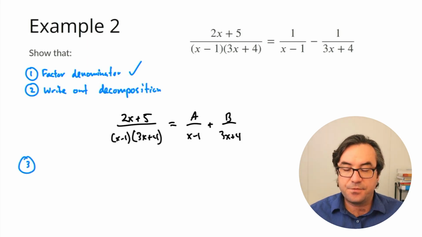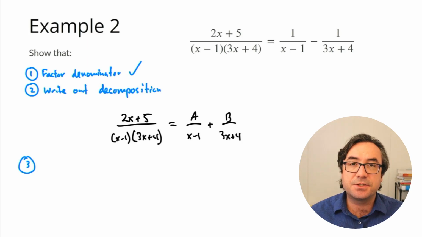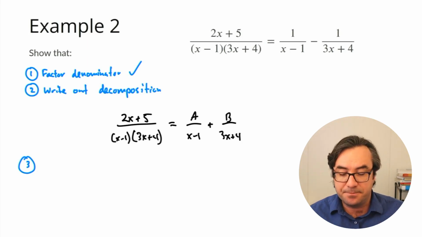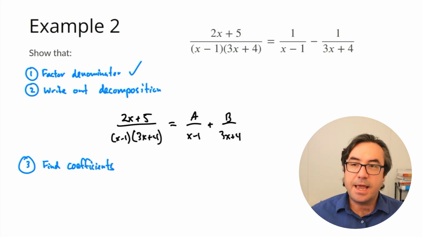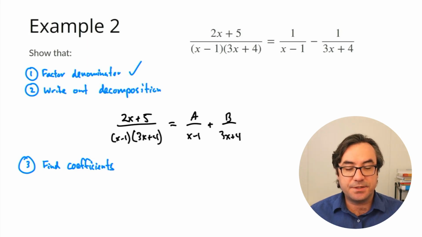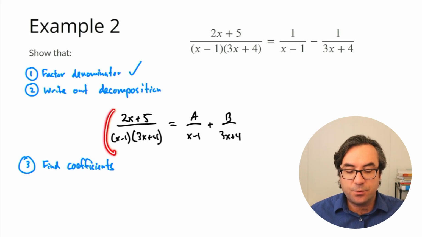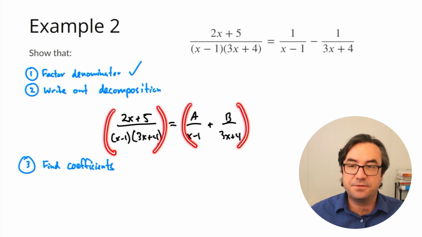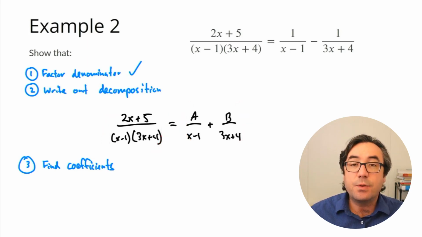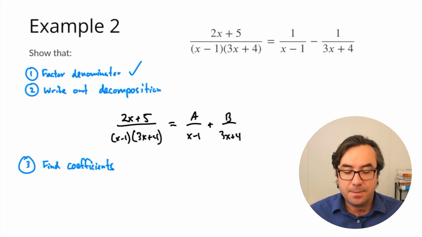All right, so we want to get our decomposition there. And then the next step is, well, we've got to figure out A and B. So we need to find these coefficients. The first step of finding the coefficients is we can multiply both sides of this equation, of our decomposition, by the denominator.